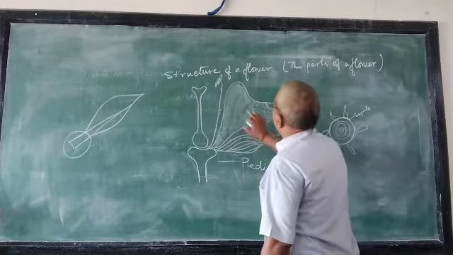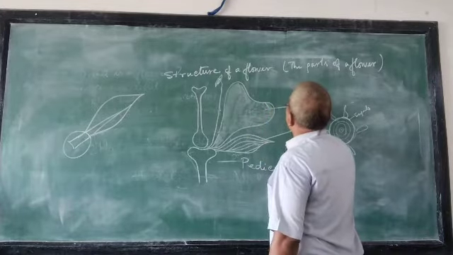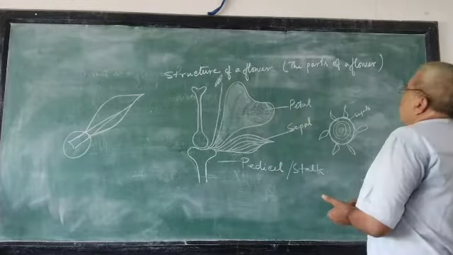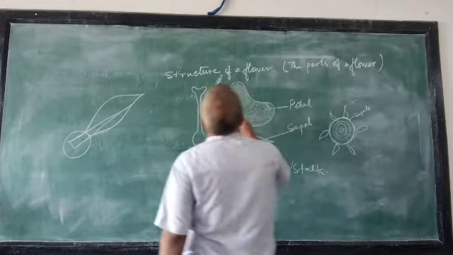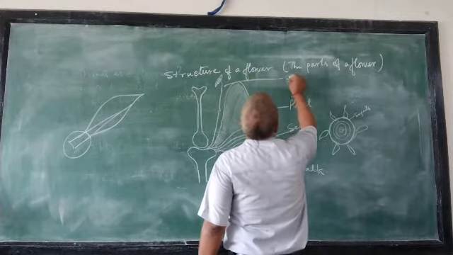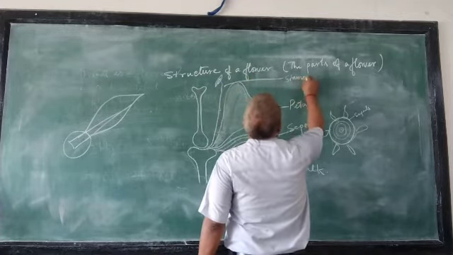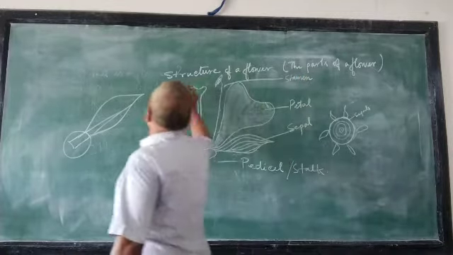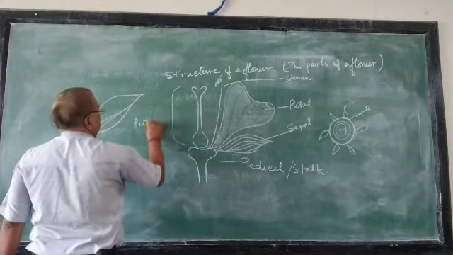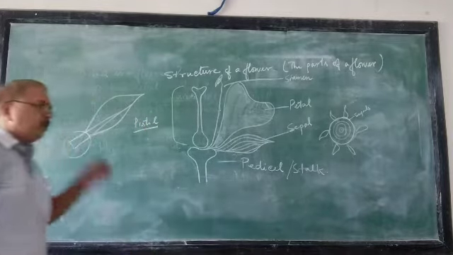After this comes the part that is known as petal, right? And then this part is stamen, and this whole part is pistil, right?